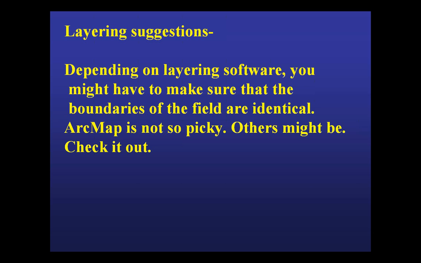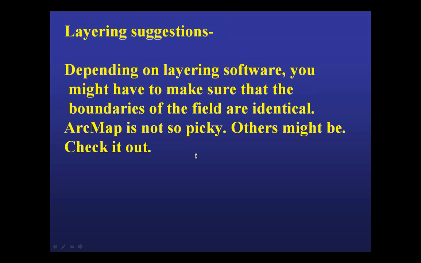But if you use anything that has Surfer embedded in it, Surfer is really picky about having exactly the same boundaries for things that you layer. So just check it out and make sure that the program you're using is going to be useful for you, and that'll help you collect your data and make sure that when you start to layer, you don't have to go back to the beginning, which is a real annoyance and a waste of time.